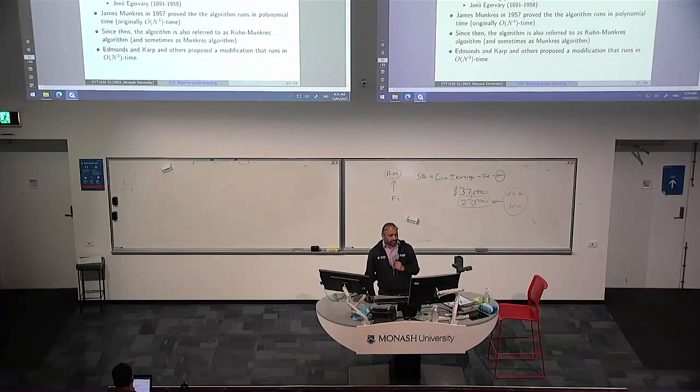And it's called Hungarian because they used a certain insight, and we'll see what they cited later on, by Koenig and Egervary. If I'm mispronouncing the accented phonetics, then I'm sorry about that. So Koenig and Egervary are the two Hungarians whose insight Kuhn had used, and Kuhn and Munkres both independently came up with a solution towards this problem.